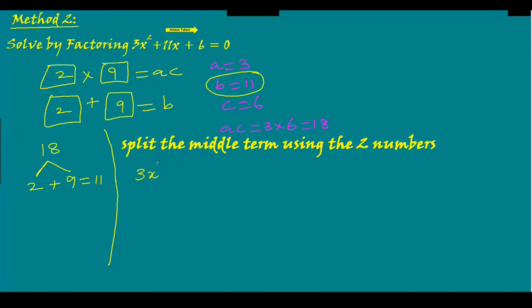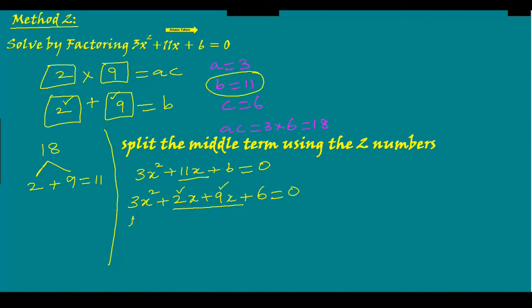What is the given question? 3x squared plus 11x plus 6 equal to 0. Now the numbers I got are 2 and 9, isn't it? So let me split it. Rewrite 11x as 2x plus 9x, the numbers which I got from here. So this is the step.